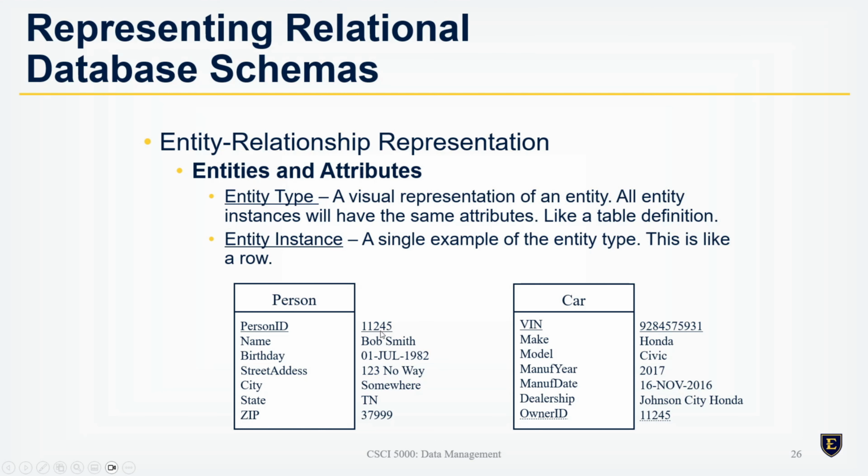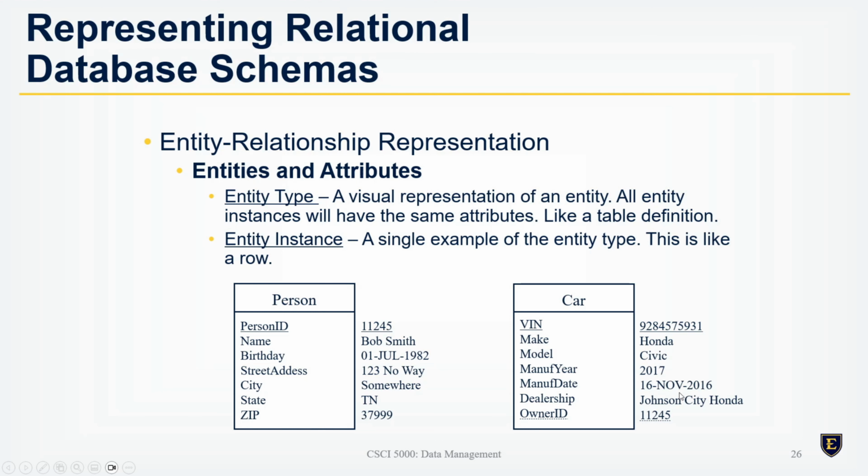Here's person with person ID 11245, whose name is Bob Smith, whose birthday is July 1st, 1982, street address 123 No Way, who lives somewhere in Tennessee 37999. Now, we look at the car and we see here's the VIN number. The make is a Honda Civic 2017.